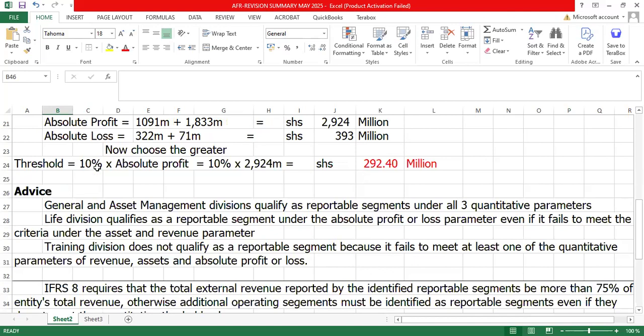Remember, if it is a reportable segment, you report everything about that segment.